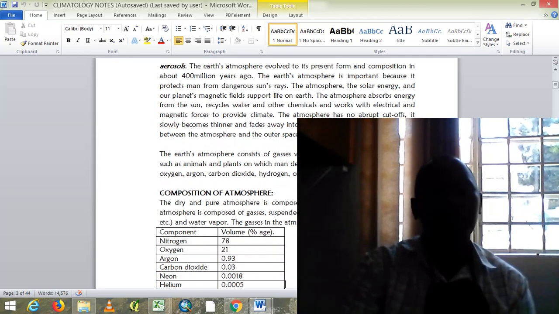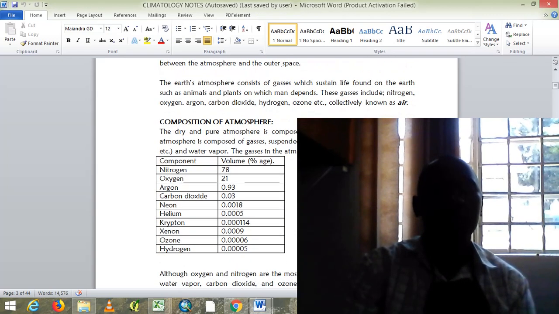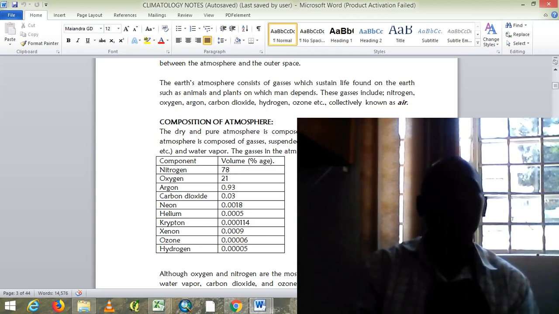What is the composition of the atmosphere? We say the atmosphere, dry and pure, is composed of gases only, while a normal atmosphere is composed of gases, suspended solid particles like salts, dust and smoke, and then water vapor.